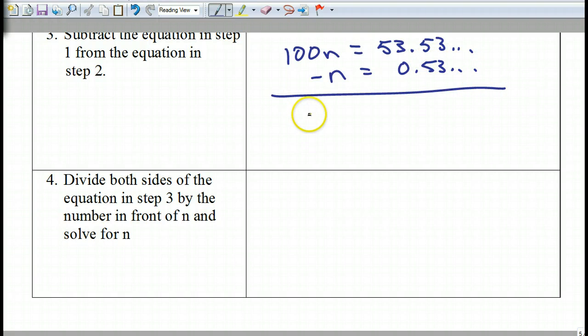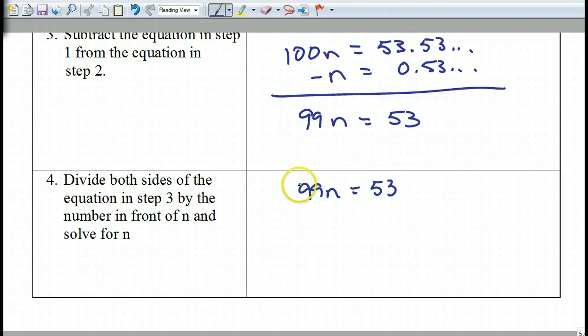When we do that, we have 99n equals 53, because the 0.53 repeating gets canceled out. So 99n equals 53. So the fraction on this is 53 divided by 99.